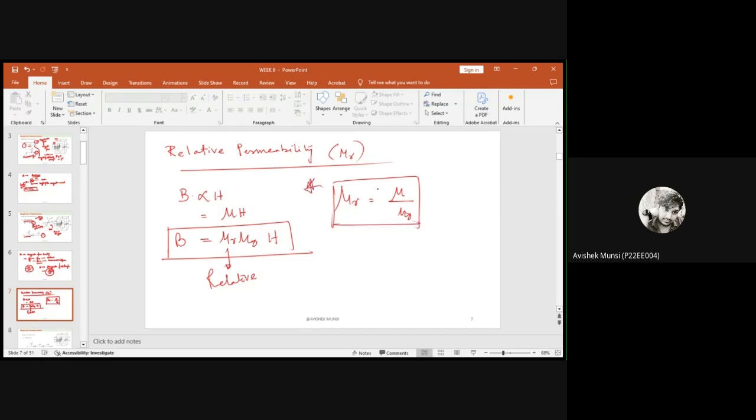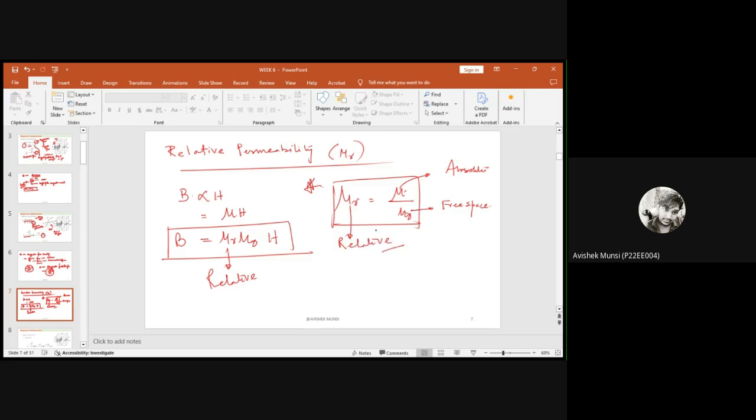This is the ratio of the absolute permeability to the permeability of vacuum, or the free space permeability. So this mu is the absolute permeability, this is the free space value for vacuum, and this is the relative permeability.